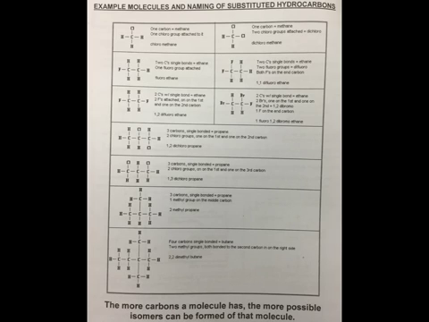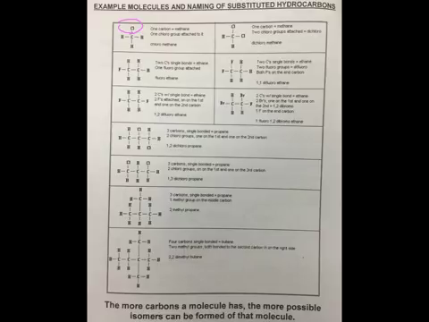So in this top example here, you can see that I took methane, which is CH4, and I took off one of the H's and I replaced it with a Cl. So I simply name the group that I replaced it with. I replaced it with a chlorine, and if you look in table R, for Cl, the prefix is chloro.